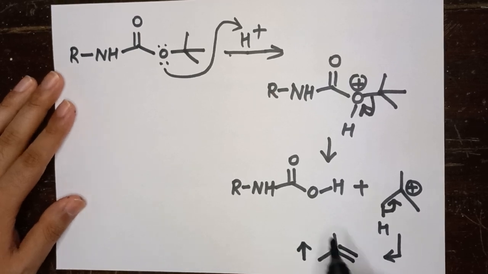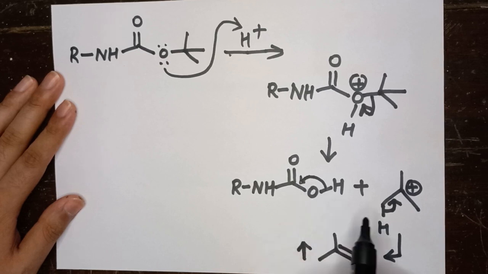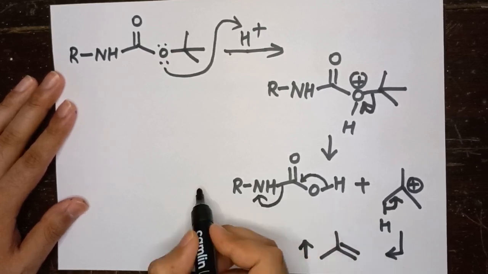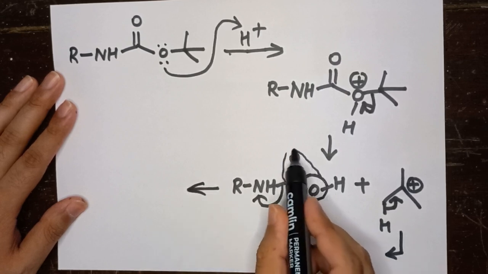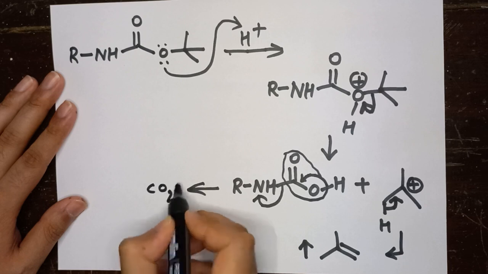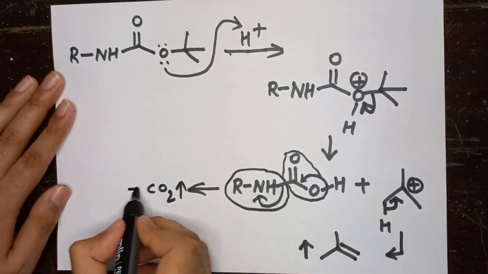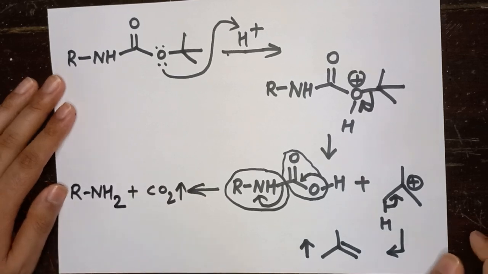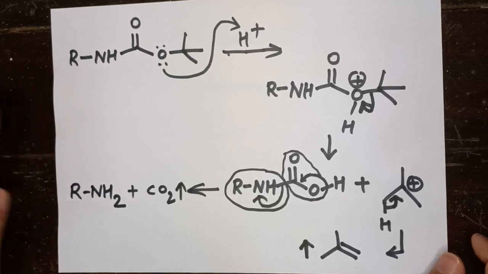Also, this bond will migrate here and this bond will break. So now you have generated CO2 gas. CO2 is going to liberate as a gas, and you have generated your amine. So this is the mechanism for deprotection of the carbamate protected Boc amine under acidic medium.